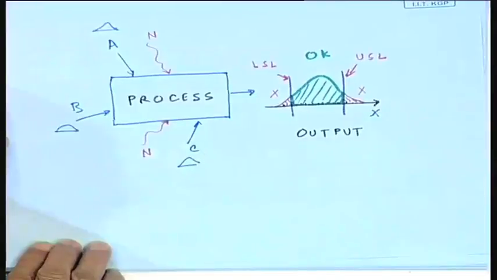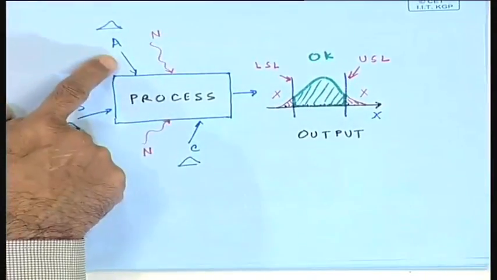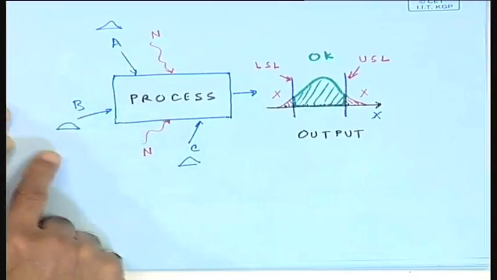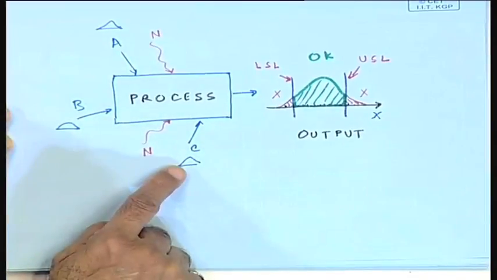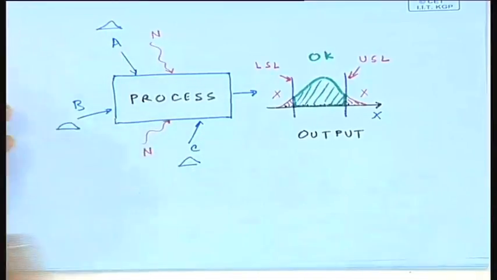That means I see a point beyond the upper and lower control limits on a control chart. And I go witch hunting. I try to diagnose the process. I go back to my process and I start taking a look at all these different factors to see, is there something wrong with A? Is there something wrong with B? Is there something wrong with C? Let's investigate a little bit more to see, can we remove something there?